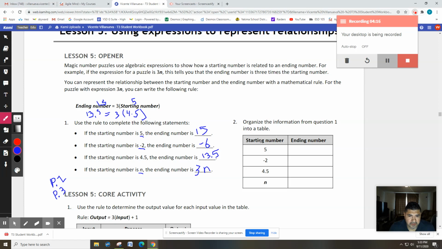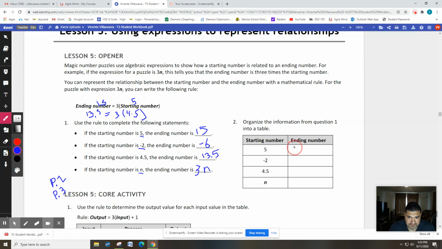Okay, so when the starting number is 5, our ending number, I'm sorry, I'll read number 2. Number 2, organize the information from question 1 into a table. So when our starting number is 5, our ending number is 15. So we're just going to copy these in. Okay, when the starting number was -2, we ended up with -6.